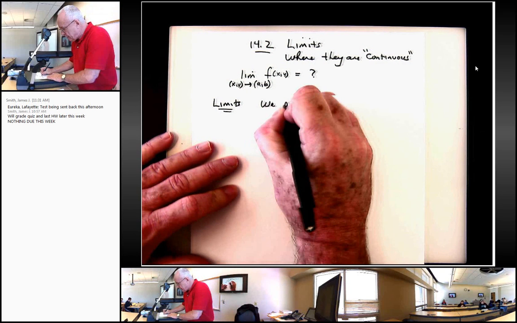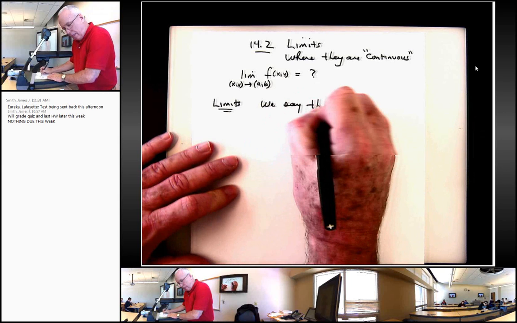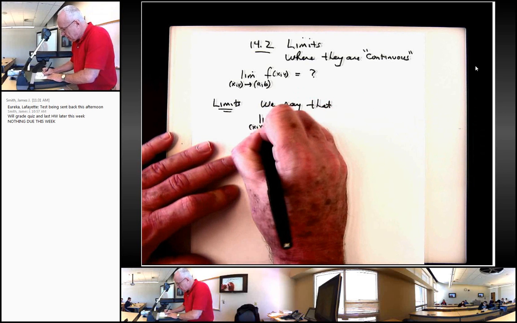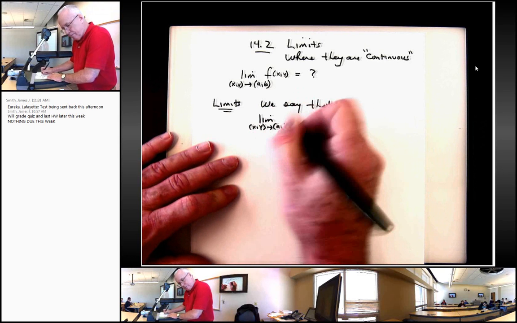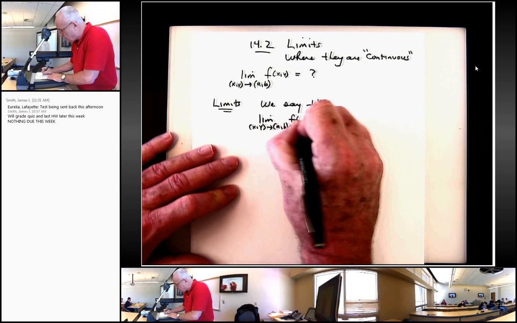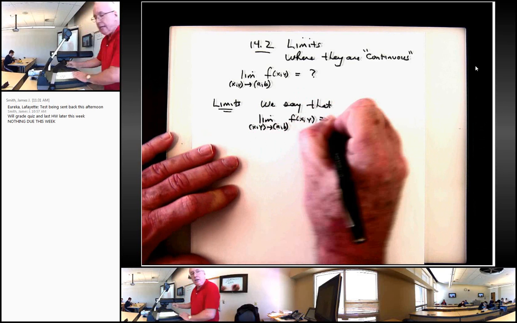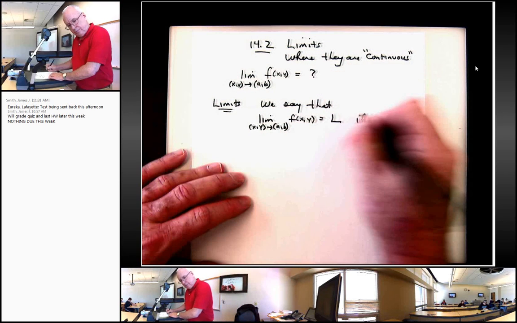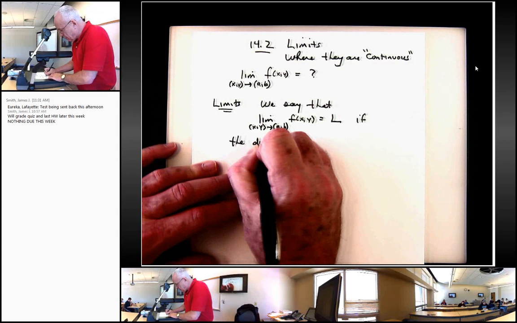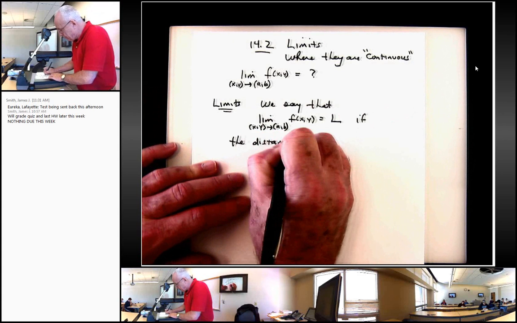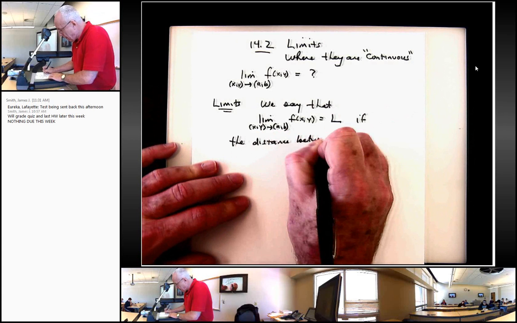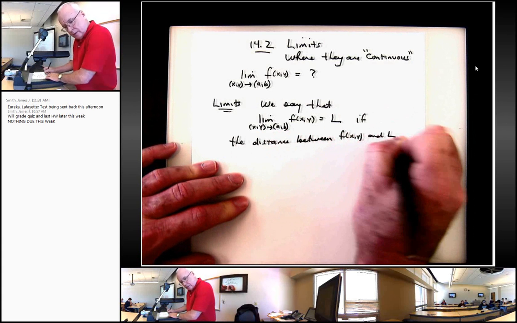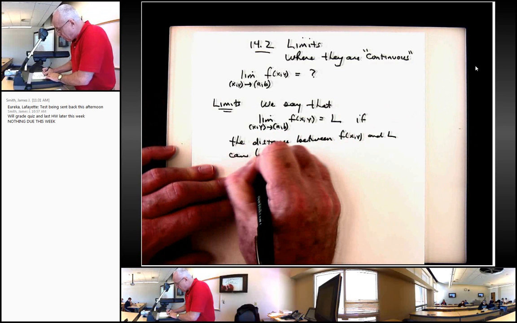We say that the limit as (x, y) approaches (a, b) of f of x, y equals some number L if the distance between the value of f(x, y) and L can be made smaller and smaller.